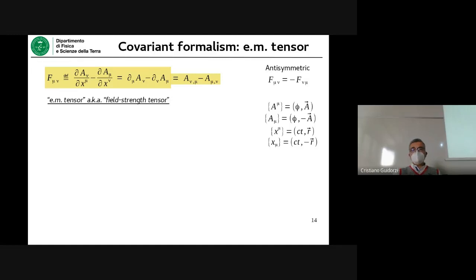Here on the right, I just again put what we know, specifically the space-time 4-vector, which describes events, in both contravariant and covariant coordinates, as well as the same for the four-vector potential, because by definition the electromagnetic tensor is defined as a function of the four-vector potential.